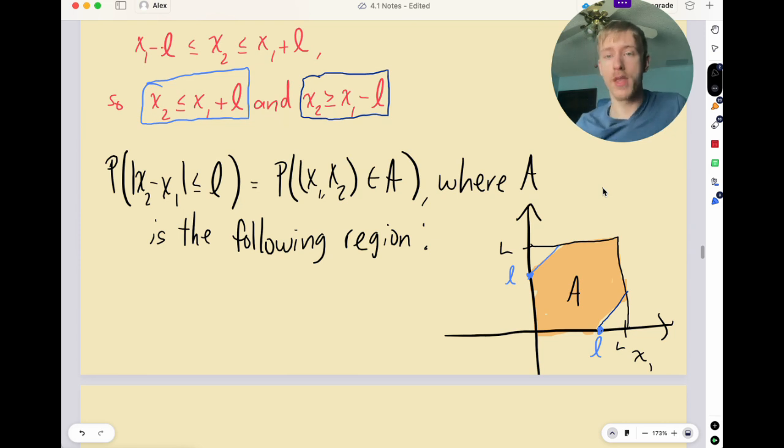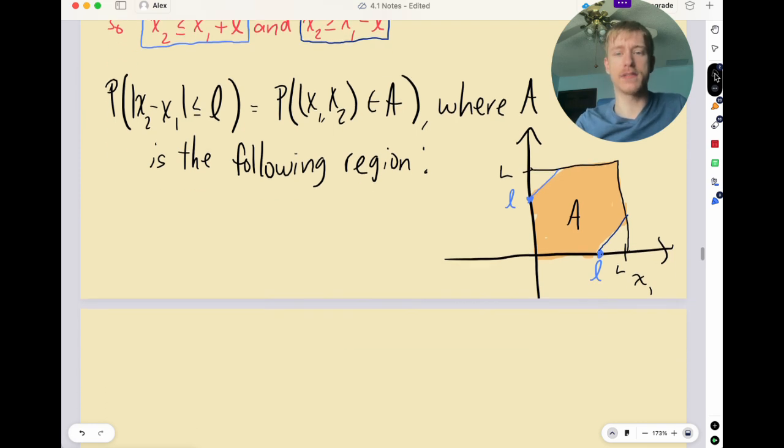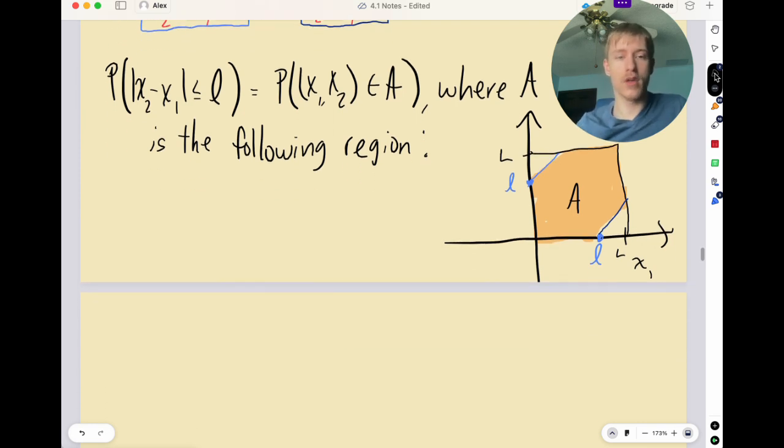However, if we want to find the joint distribution, that's actually going to be pretty easy in this case. The reason being is both x1 and x2 are tossed randomly, so they're going to have uniform continuous distributions.